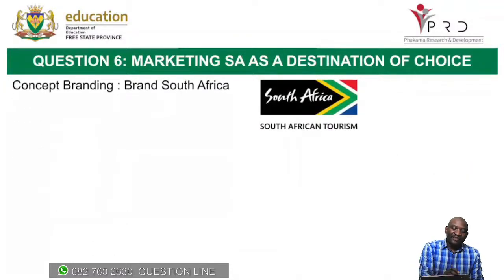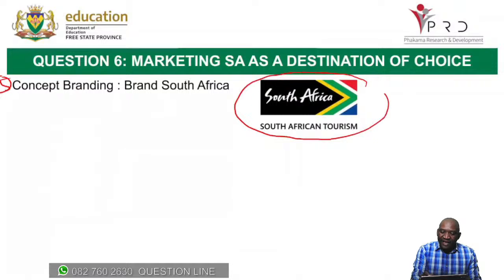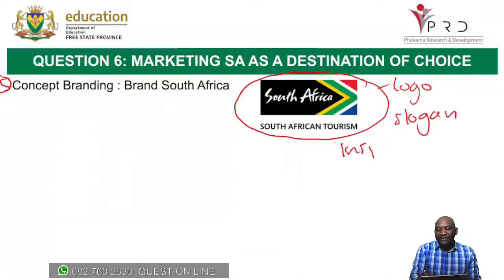The 5th aspect that the examiners will always look for is the concept of branding in South Africa. Just like we have the famous brands that you know, Adidas, Nike, SA Tourism is also a brand, right? Every brand must have a logo, and it must also have a slogan, right? And the slogan is Inspiring New Ways. That is the slogan that you have there.